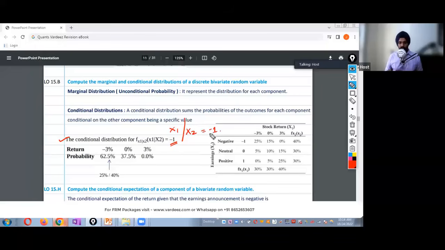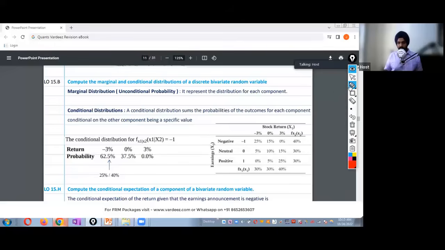So -1 is what is given to us, and we need to find x1. We are given only this negative data, so whatever is here, that is x2 that you need to pick up. -1 is x2. So how do we go about it?